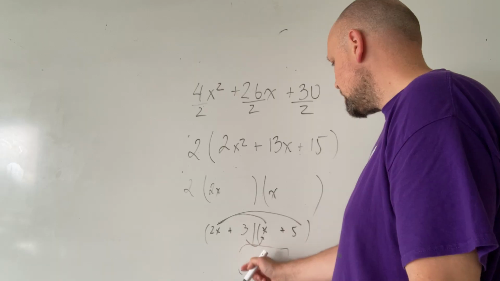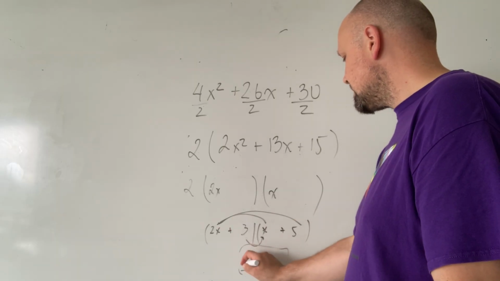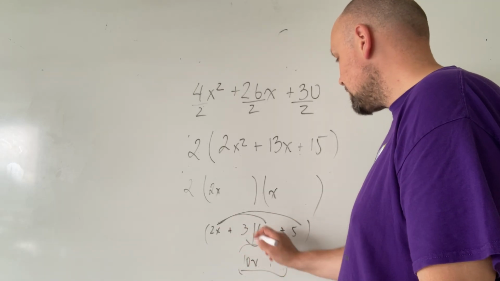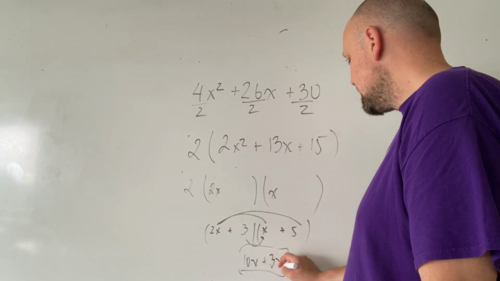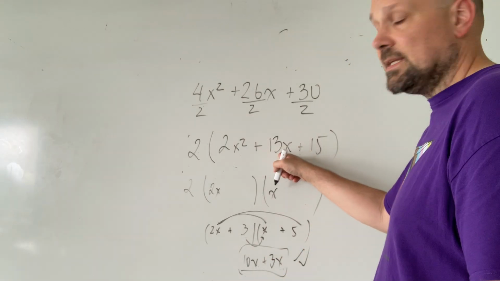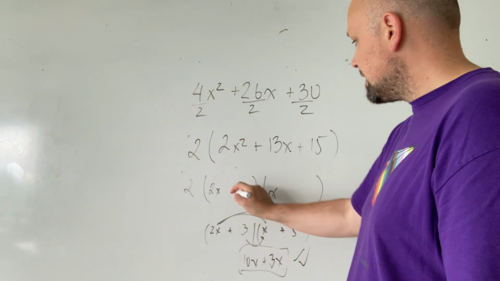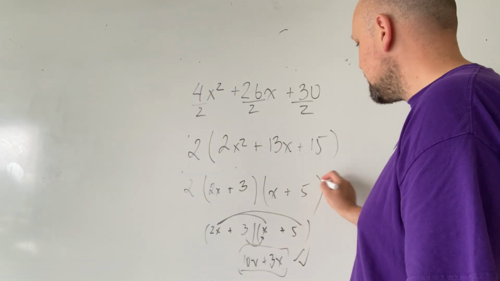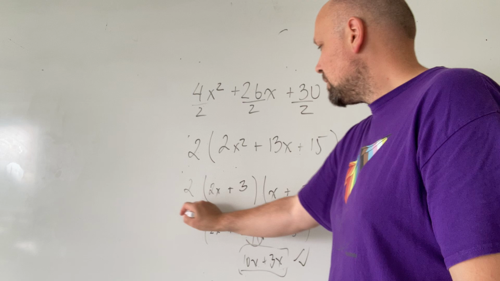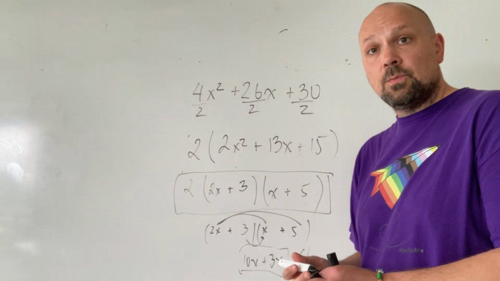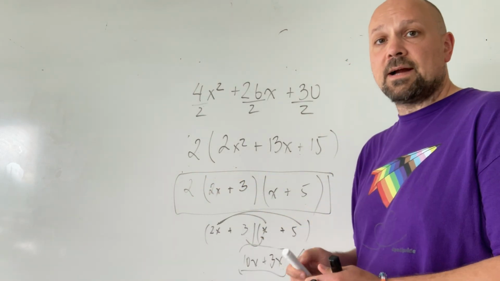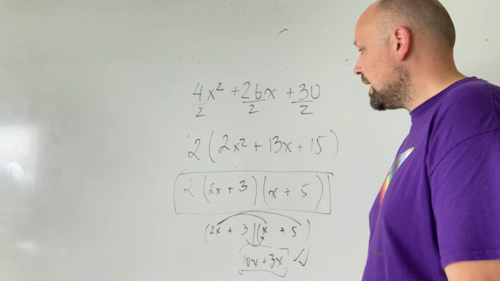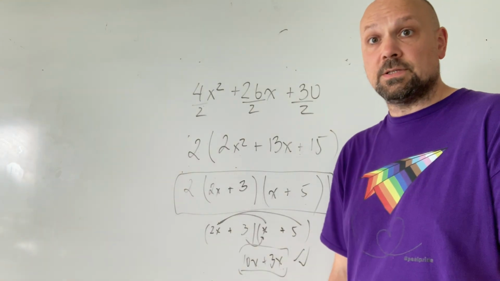So I'll switch the order. 2x times 5 is 10x, 3 times x is 3x. Yeah, ding, ding, ding, that's 13x, all right? So that means that this is 2x plus 3, and x plus 5. That's it. Okay? So whatever we do, we have to look for common factors first. Okay? And then we keep going using our other strategies. All right?